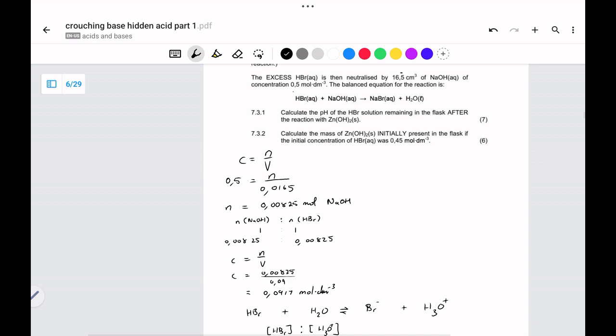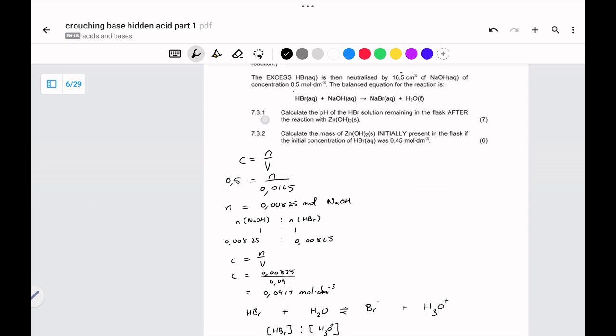Okay, done. Now for 6 marks, calculate the mass of zinc hydroxide initially present in the flask if the initial concentration of HBr was 0.45 moles per cubic decimeter. Okay, so let's take stock of where we are.